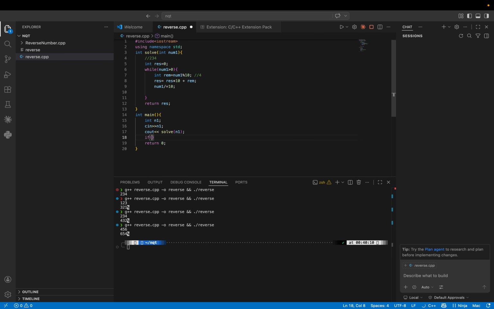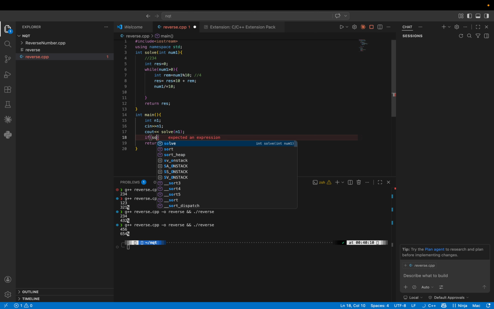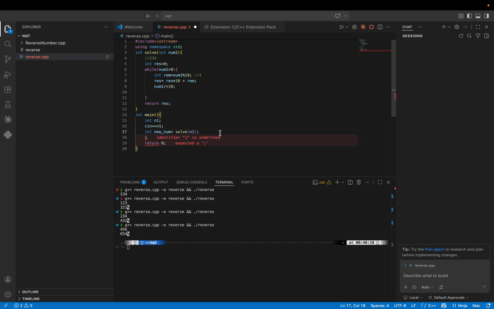I could just do one thing, or we could just store it. We don't need to. int new num is equal to this. I could also write palindrome. I don't know why I haven't written this, but okay.